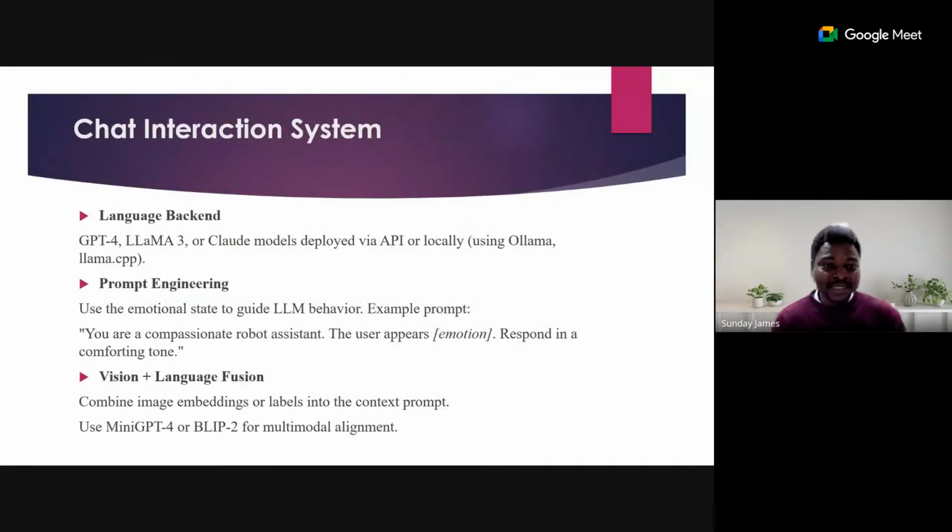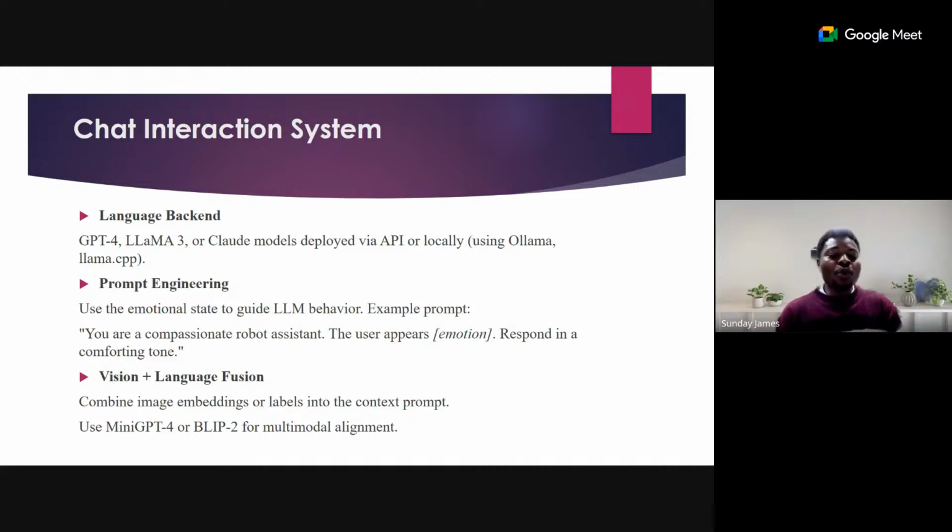Now we look at the chat interaction of these systems. We look at the language backend, where we can use GPT-4, Llama 3 or a cloud model. This model can be deployed either locally or in the cloud. The key components of these interactions rely heavily on prompt engineering, using the emotion state to guide the LLM behavior.